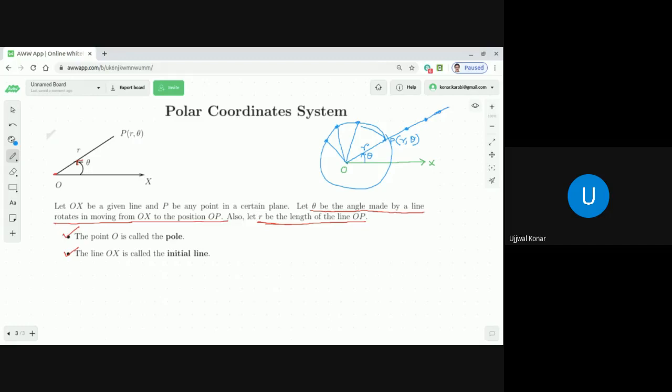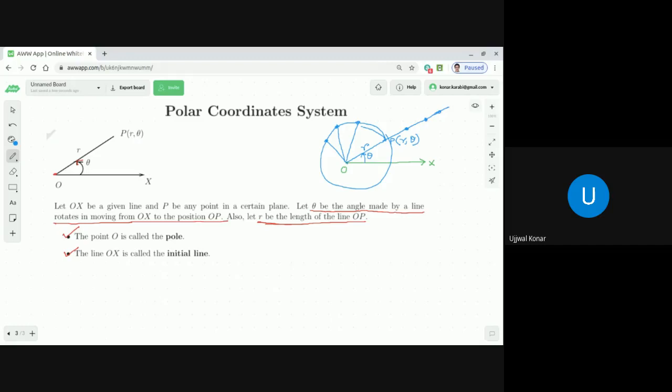What does it mean? It means it is impossible to find any other point in the plane of this whiteboard having r as the distance from the pole O and making an angle theta with the initial line.